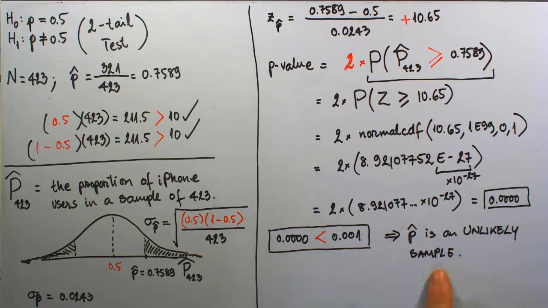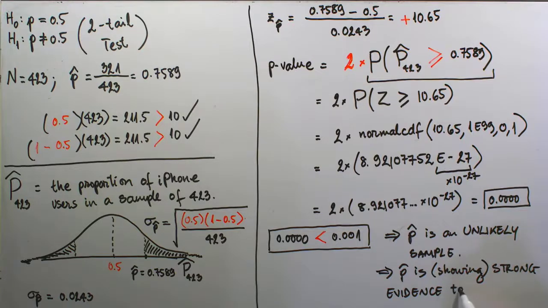And being an unlikely sample, it leads to the fact that p-hat is showing strong evidence. Okay, and the strong evidence here is for us to either say that we're rejecting H0. That's one way of saying it.